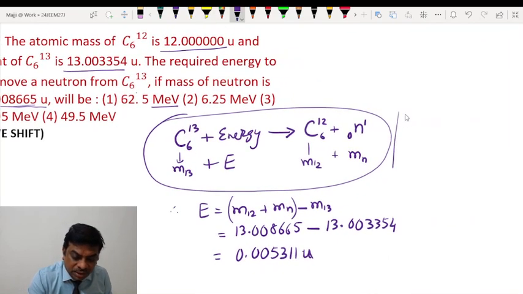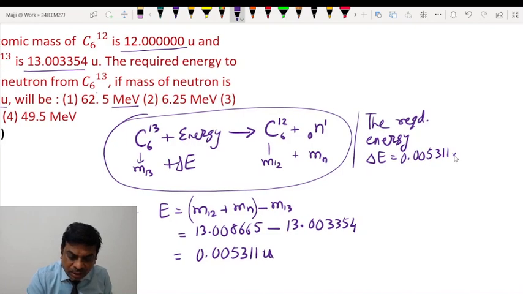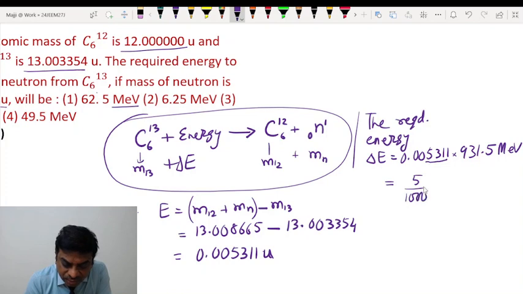So the required energy, this delta E, will be 0.005311 atomic mass units multiplied by 931.5 million electron volts. Students, this is roughly 5 by 1000.